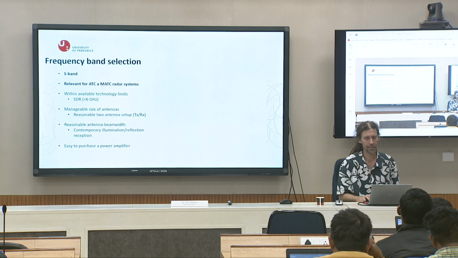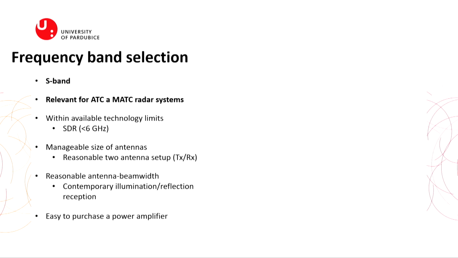And there is justification why we use S-band, because, as I already said, it is relevant to air traffic control. It is in the range of technology limits of our SDR. Our SDR works until approximately 6 GHz, so you can see it is relatively high frequencies already.